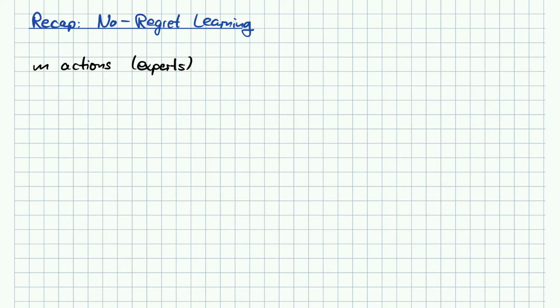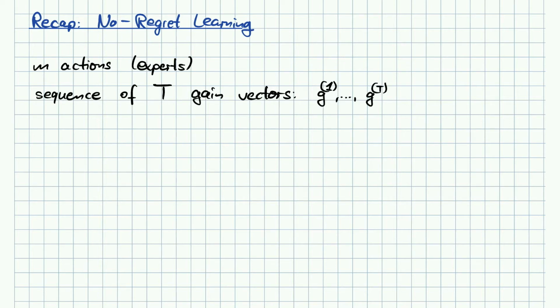And then there are these gain vectors. Before we always had these cost vectors, now these could be reward or gain vectors, G^1 through G^T.